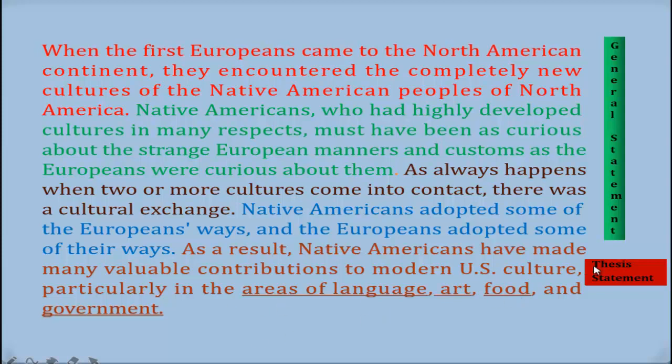This is the thesis statement, which means that at the core of the introduction, it has this thesis statement, which will guide the reader to the topic sentences that will be described after the introductory paragraph.